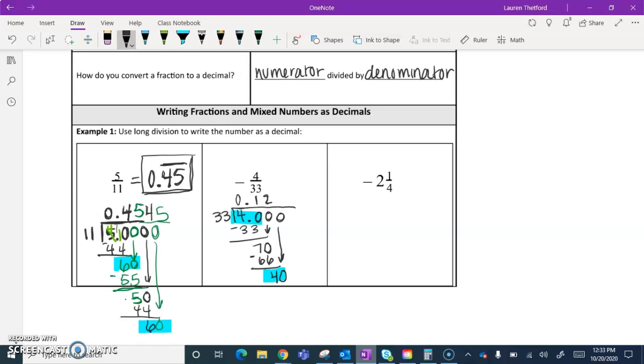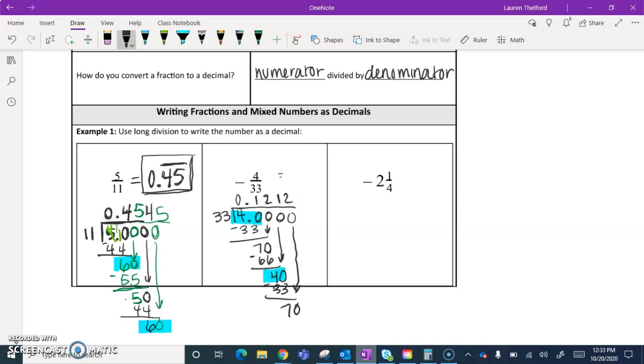But let's just double check that we actually get a pattern. So 33 goes into 40 one time. 1 times 33 is 33. When I subtract, I get 7. And again, when I bring down this 0, now I have 70 again, which we've already had as well. And so we know that that'll end up going in 2 times, right? So now we have our decimal.